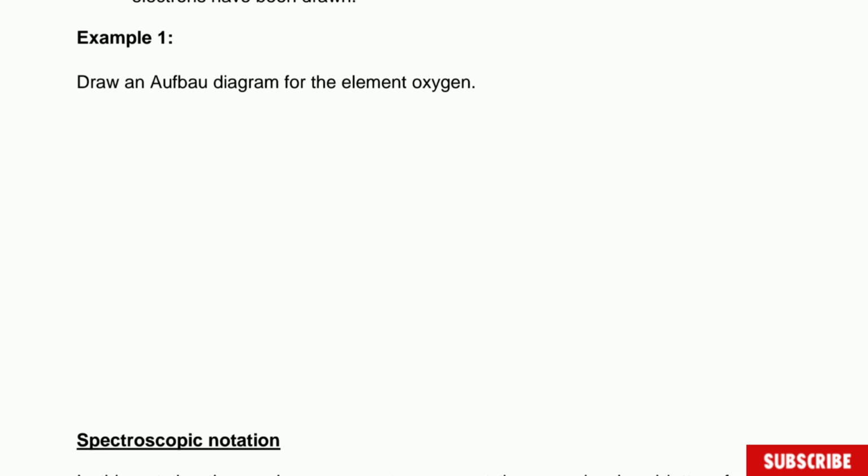For example, let's go to oxygen. Now, oxygen will have 8 electrons. So how are those 8 electrons allocated around the nucleus? All right, so we are going to go to the 4 energy levels, and we are going to do it in this way. We have energy level 1 with the orbital s, and we are going to have 1 circle.